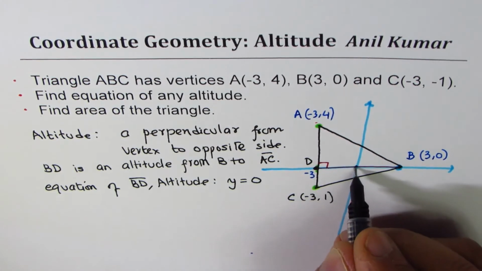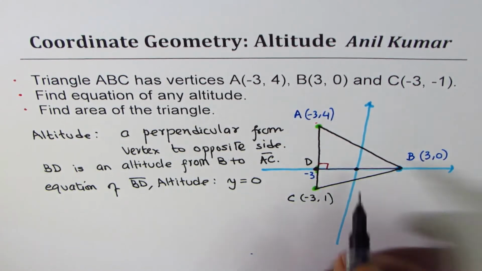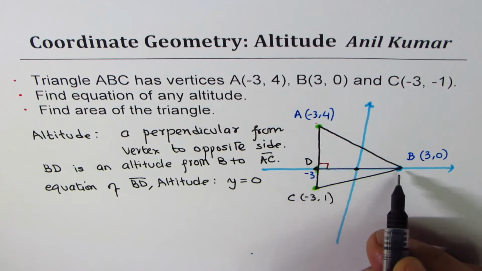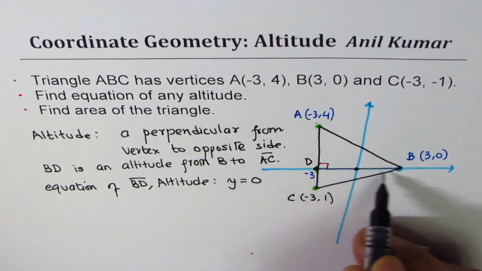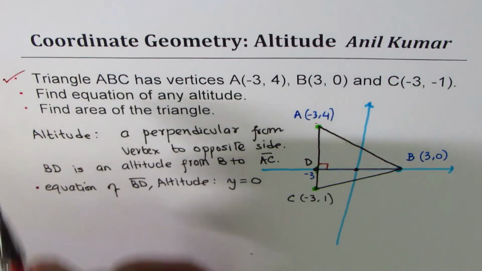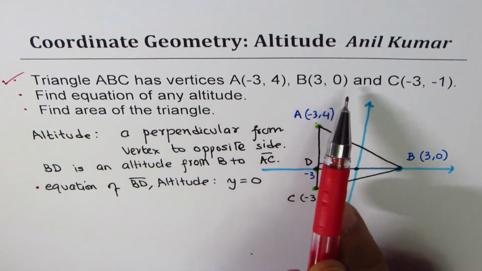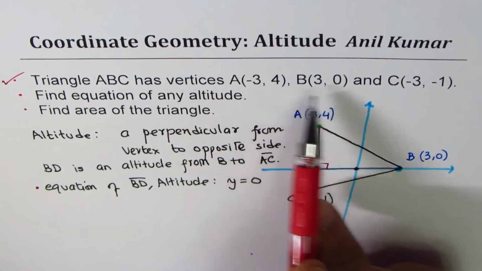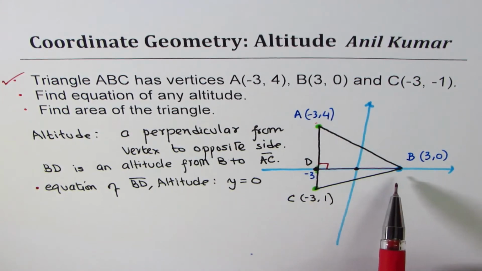It has 0 as its y-intercept and the slope is also 0. y equals 0 is the equation of this particular line. So we get the equation without doing any calculations. Do you see that? So the first part, which may not look significant, helps us to simplify the solution.